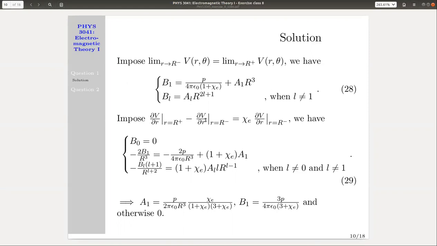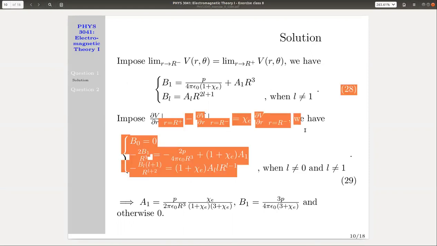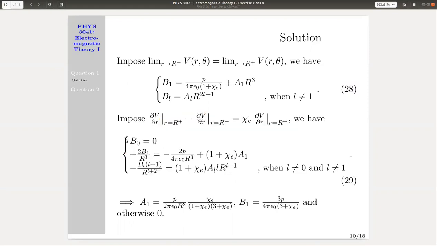And then after imposing the second boundary condition, you should be able to get these three relations. One is for l equals 0, another is for l equals 1, and the last one is for l greater than 1.